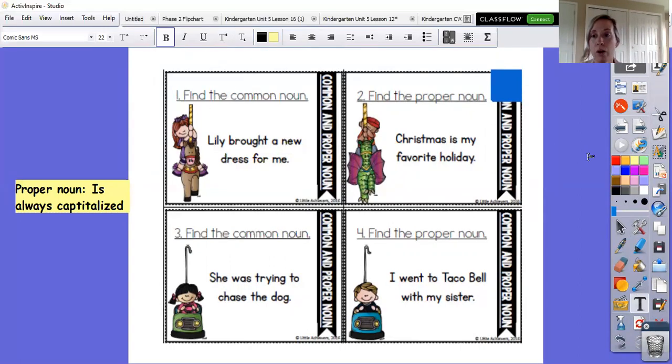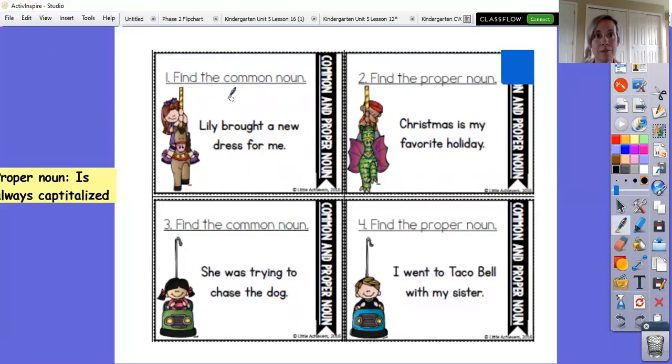Let's look at number 1. It says find the common noun. First we have to read the sentence. Lily brought a new dress for me. What would be the common noun? Let's first think about what our nouns are in the sentence.